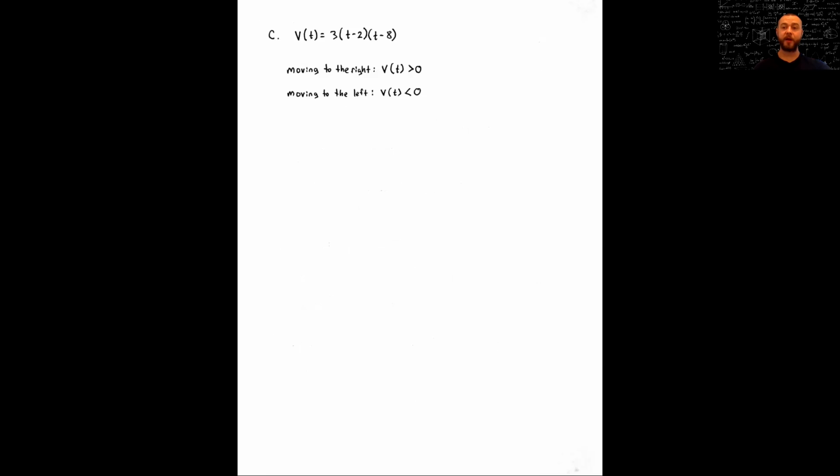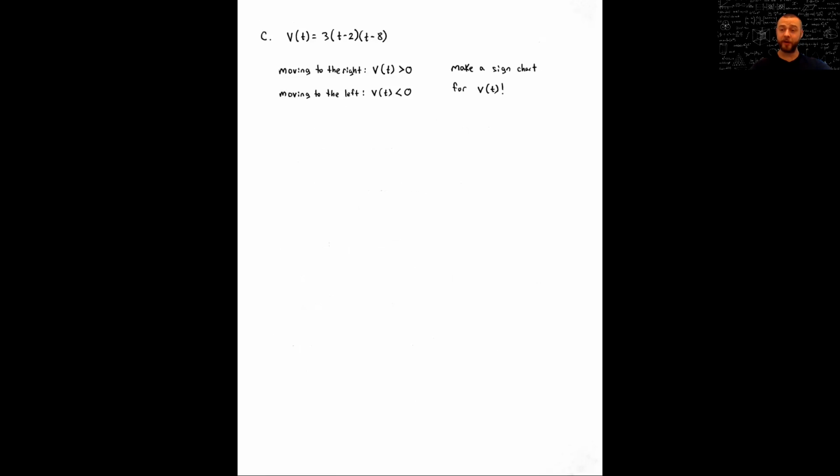All right, so I have at the top there our factored version for the velocity function. Just to briefly review, the object will be moving to the right whenever the velocity is positive, and the object's going to be moving to the left when the velocity is negative.